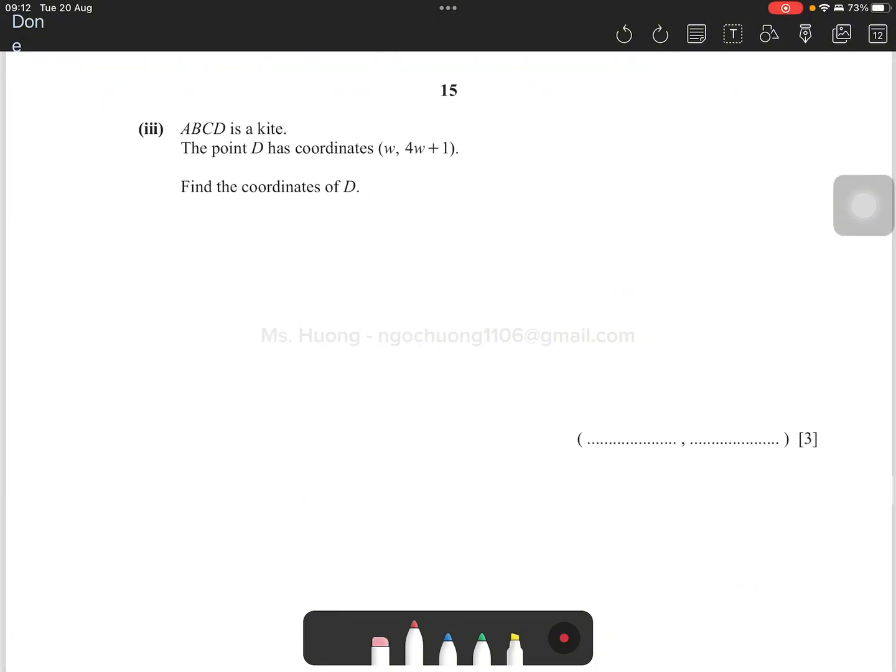Number 3, ABCD is a kite. You know that from question A1, ABC is an isosceles triangle because AB equals √10, AC is √20, and BC is also √10.